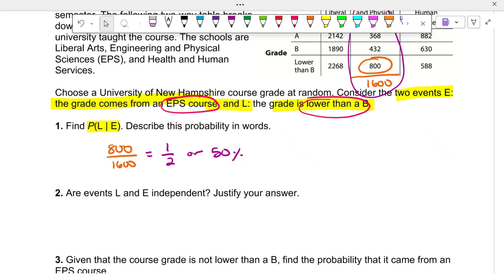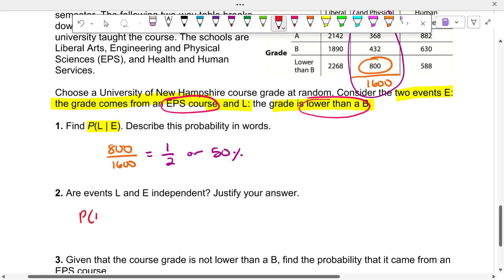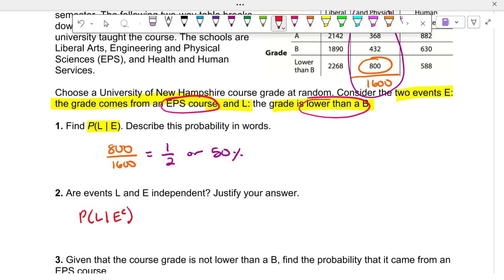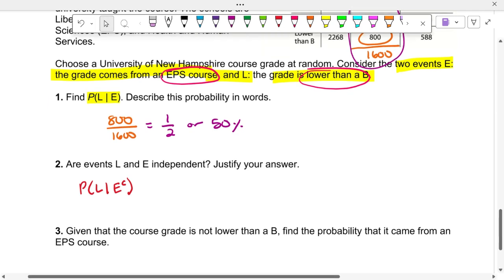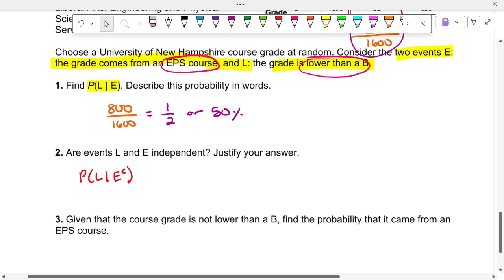But we also need to find the probability of L happening given it's not from the engineering and physical science classes. So take a minute and find that probability, because we can't determine independence without it.